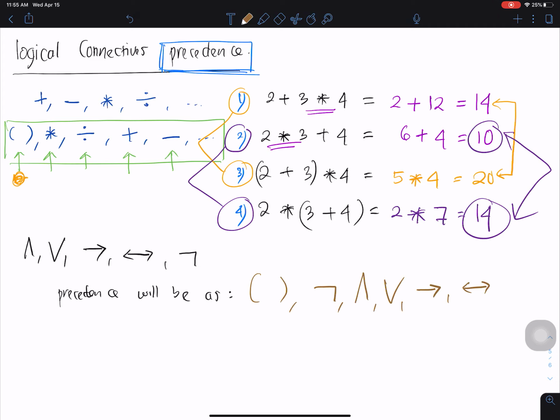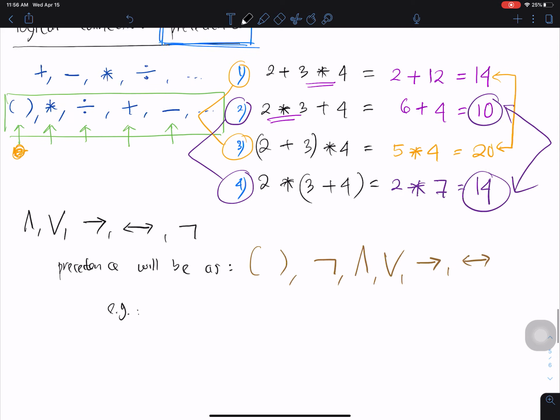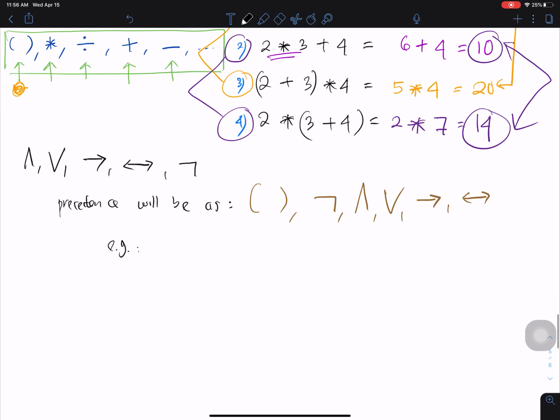So let me give a few samples of statement form or propositional form. If we have A and B or C, how are we going to solve this?